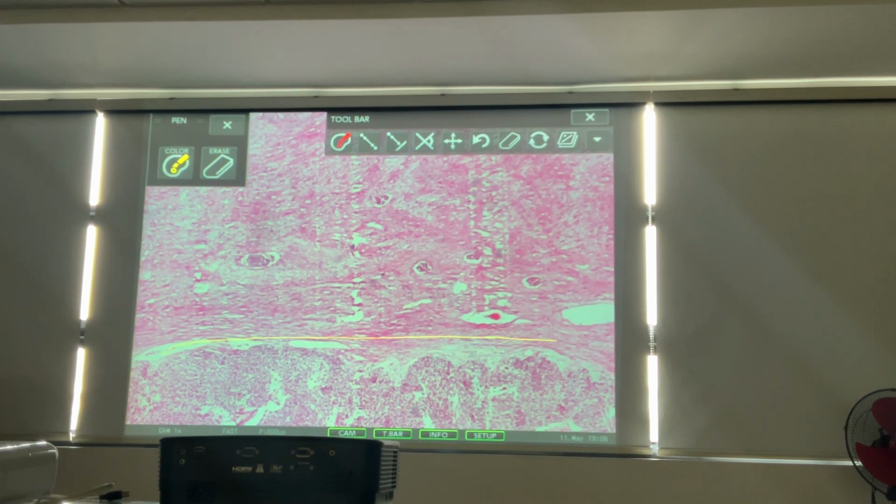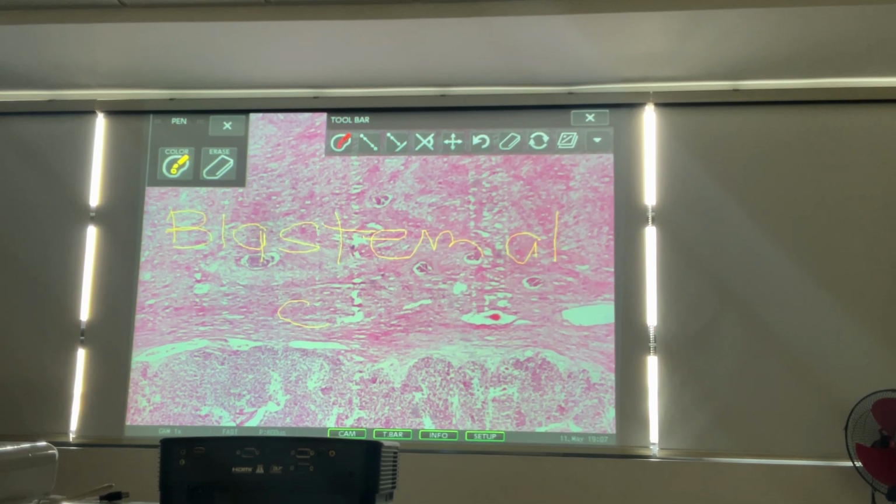So this area below is the tumor. And this tumor is made up of 3 cellular elements. One are your blastemal cells, or blastema. What's the other one?